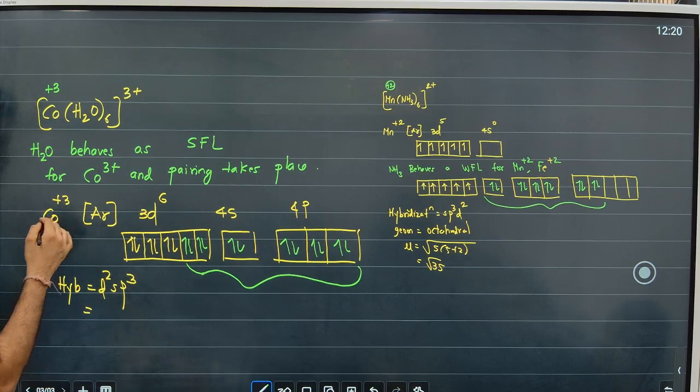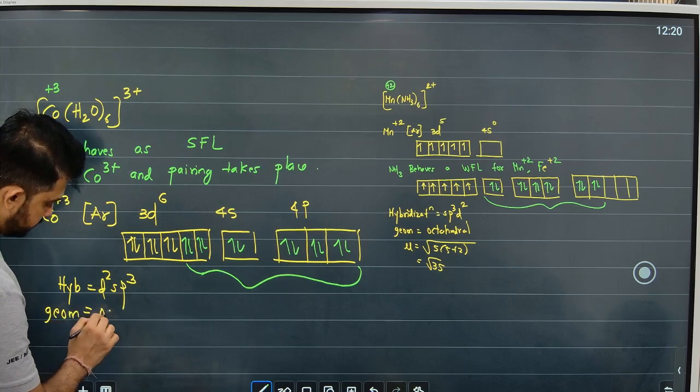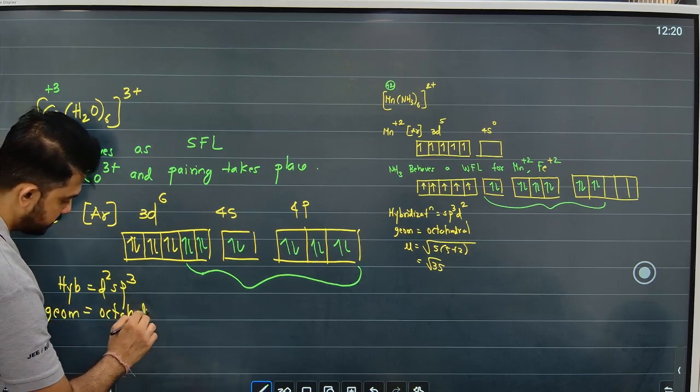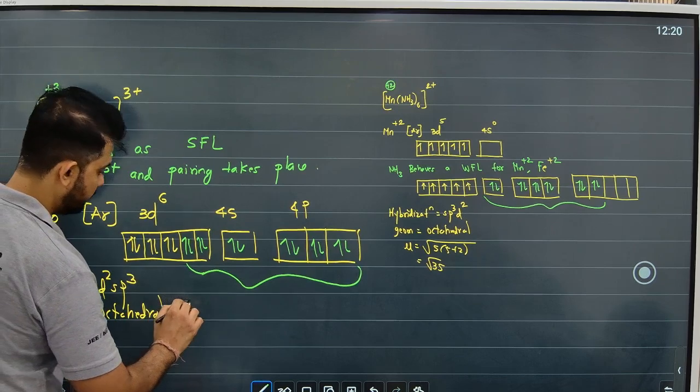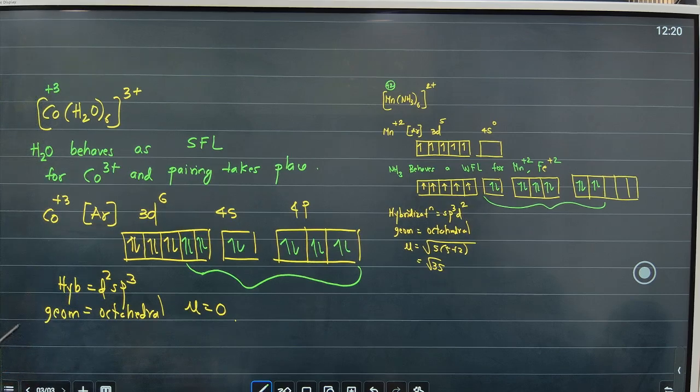Geometry, octahedral. Magnetic moment. Low spin complex. Inner, outer? Samjha? Yes or no? Any questions still here?